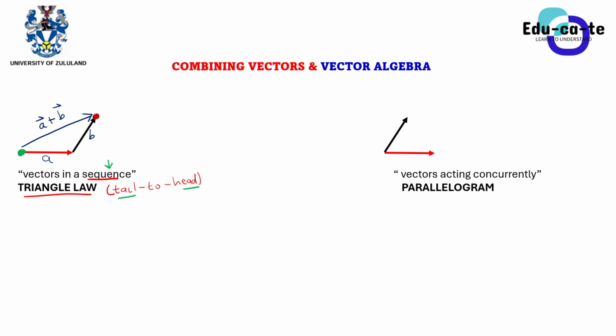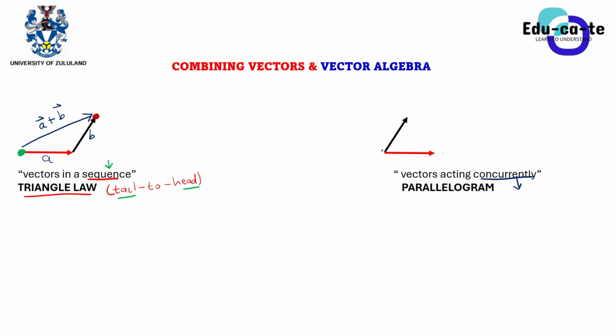If the vectors are acting concurrently on an object, we apply the parallelogram law, or the parallelogram method. When you say that vectors are acting concurrently, it means that they start at the same point, or that their tails are in the same position. Here we've got this black vector and this red vector.